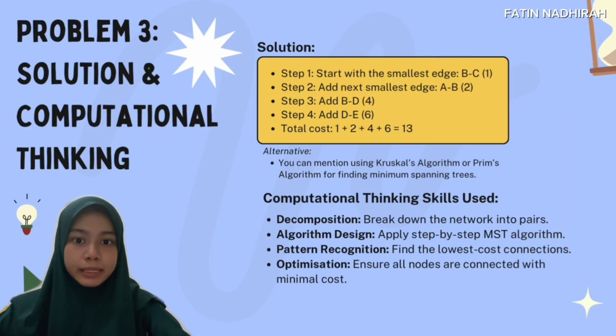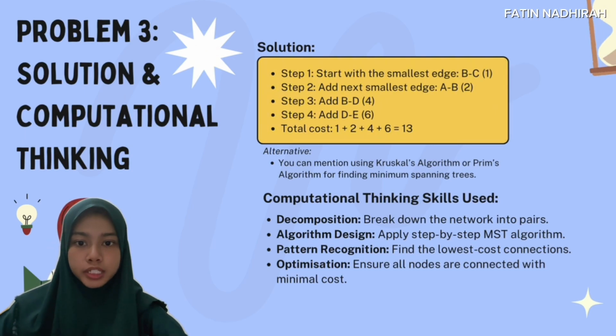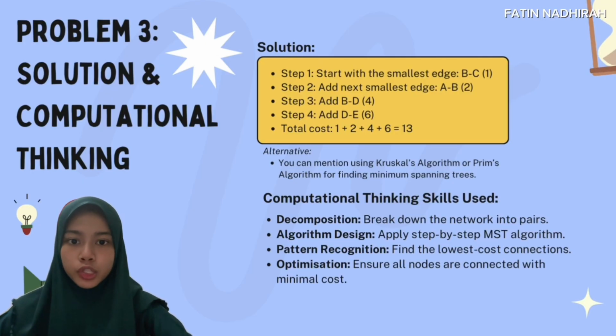Exactly. We skip over higher cost options like C to D, which is 5, and C to E, cost 7, because including them would have created cycles or increased the total cost.